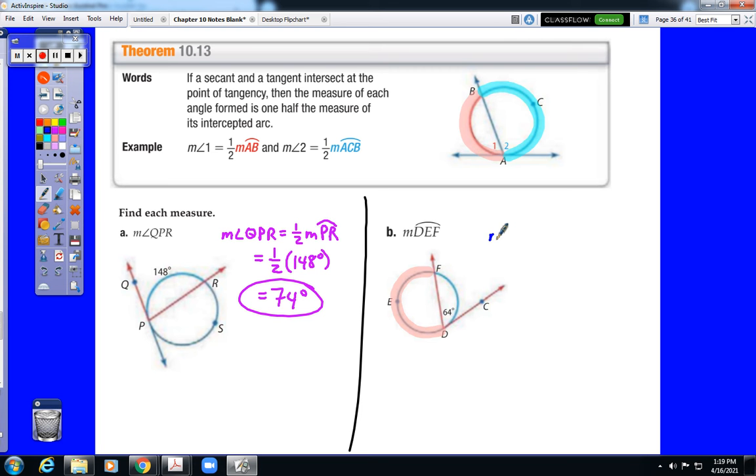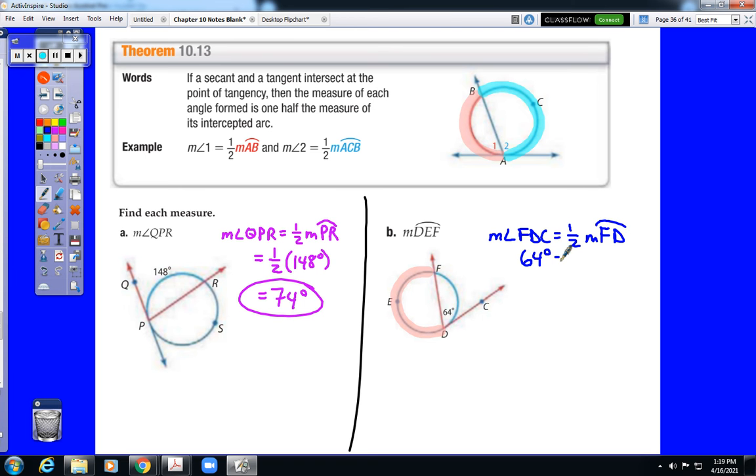Okay. The measure of angle FDC is half the measure of minor arc FD. Well, we know the measure of that angle. It's what? 64 degrees.